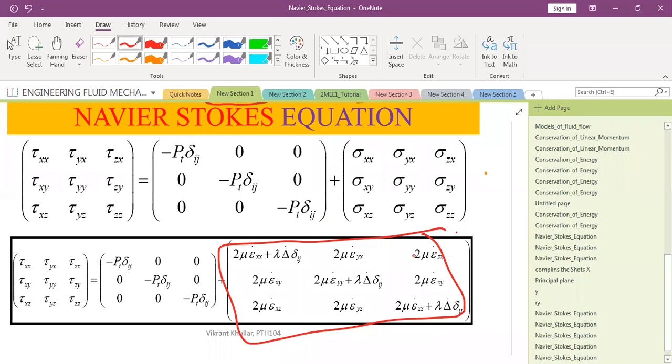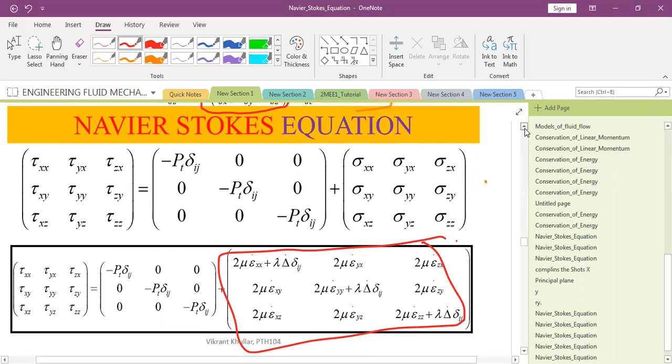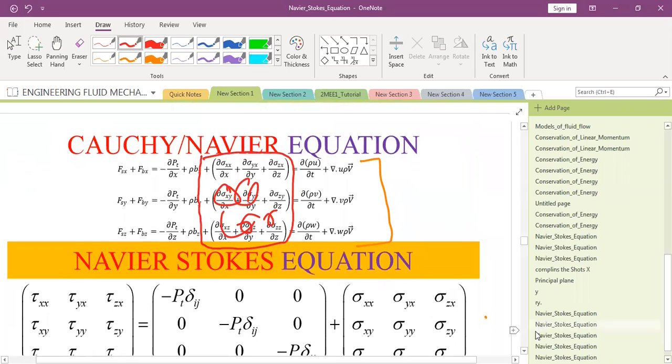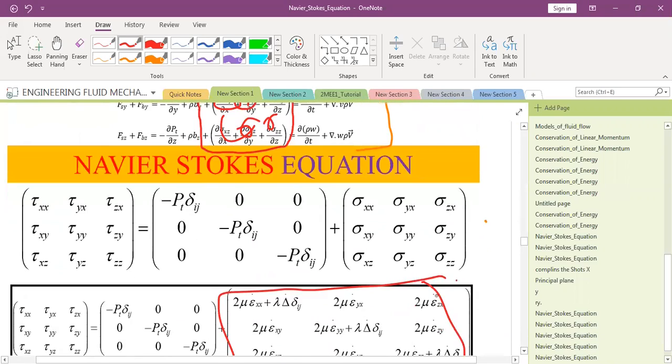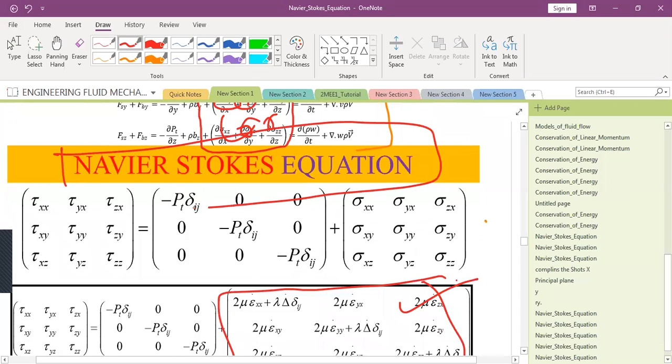You include pressure forces and viscous forces as surface forces. And body force has all the components in X, Y, and Z directions. If you don't convert stresses to more measurable quantities, then it is called the Cauchy-Navier equation. But if you put efforts to convert stress terms to corresponding strain rate terms, that equation is called the well-known Navier-Stokes equation.